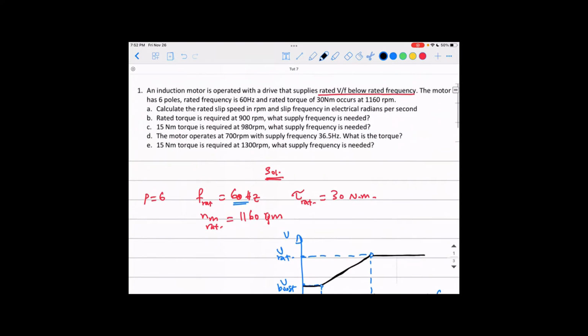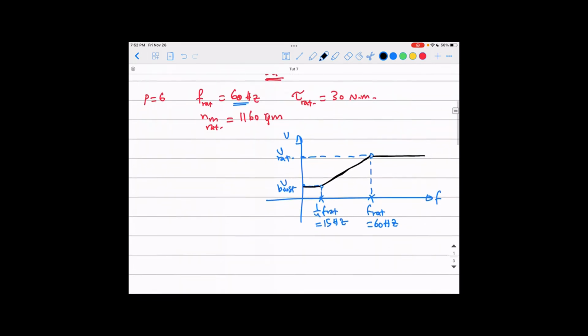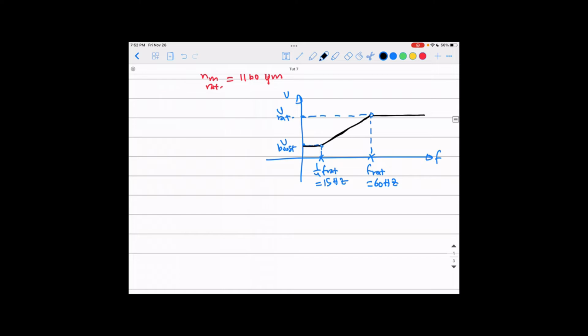So part A wants you to calculate the rated slip speed in RPM and slip frequency in electrical radians per second. He wants you to find N slip rated, which is basically the synchronous speed minus the rated mechanical speed. What I mean by synchronous speed rated is that in V over F speed control we're changing the frequency, which means the synchronous speed itself changes with different frequencies.